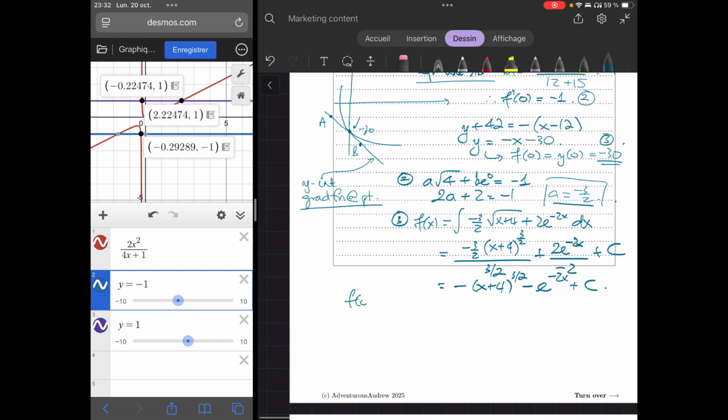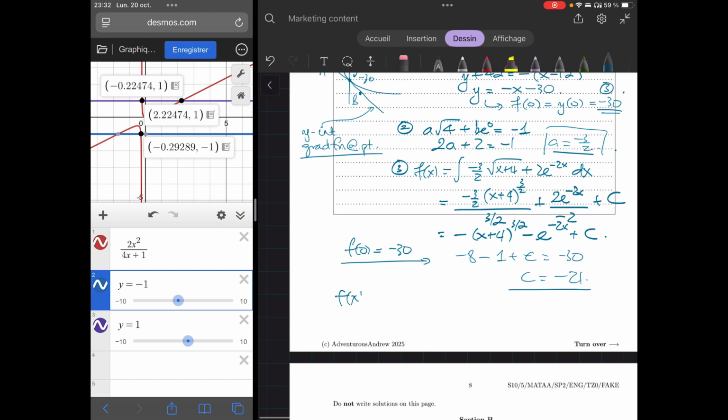We know that f of 0 is equal to -30. So, therefore, C is equal to -21. Therefore, this is your expression for f. And this is the end of section A.